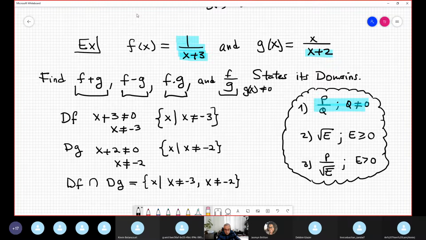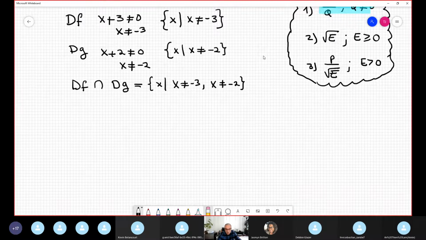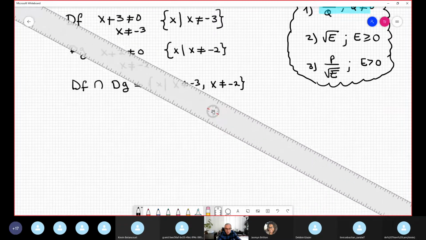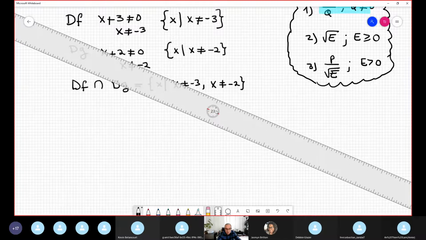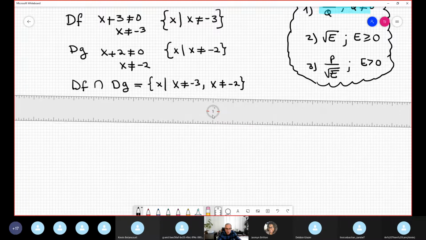So basically, we have two holes. One hole at negative 3. Suppose I try to see it on the number line. Let me try.